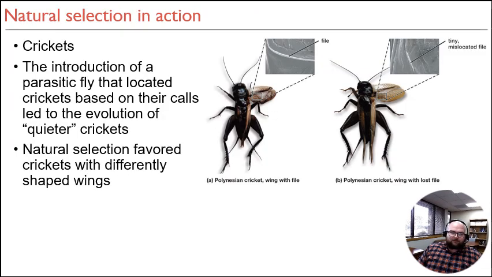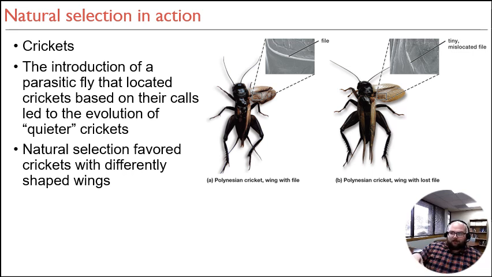So some examples of natural selection, one would be the Polynesian cricket. This was an example mentioned in your textbook where there was an introduction of a parasitic fly on this Polynesian island where these crickets were. And the parasitic fly was able to locate and prey on the crickets based on their sound, right?